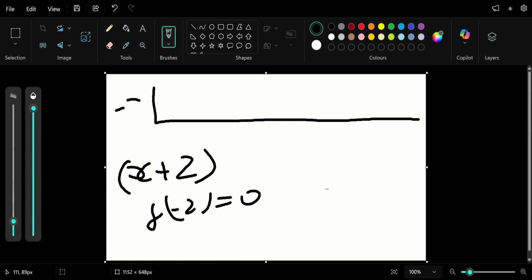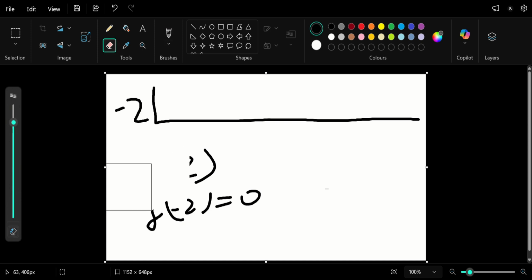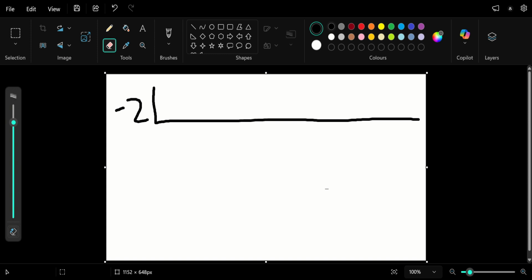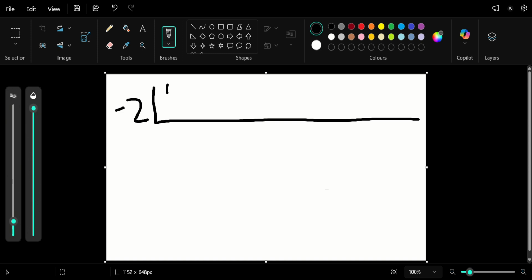So outside, we just put a minus 2. And on the inside, we put the coefficient of each x term. So we had 1, minus 4, 1, 12, minus 9, minus 12, 11, 4, minus 4.